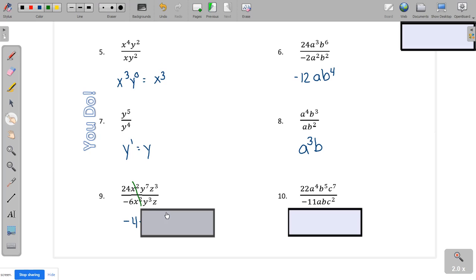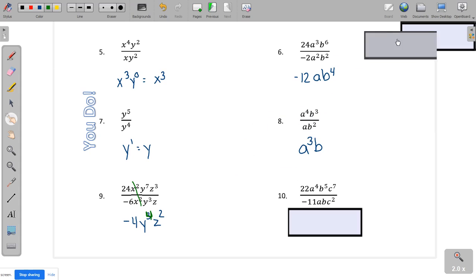Subtract. And you get y to the 4th. Then we have z to the 3rd divided by z, so you get z squared.